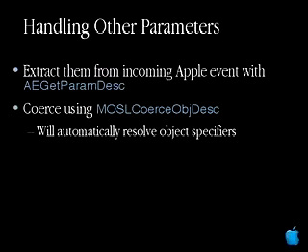And so what happens is the set command will resolve the direct parameter, name of object 1, and give you a token. And then it'll be set token to object specifier. And then your setter will have to say, well, I don't know what this is. It's an object specifier.